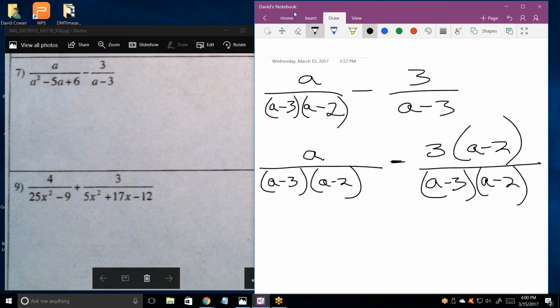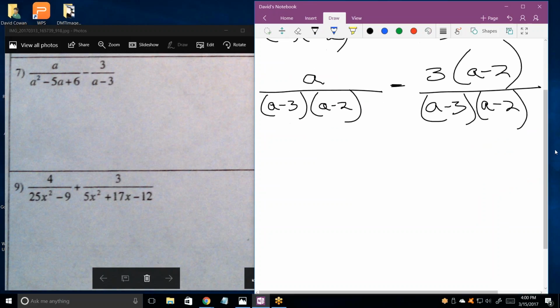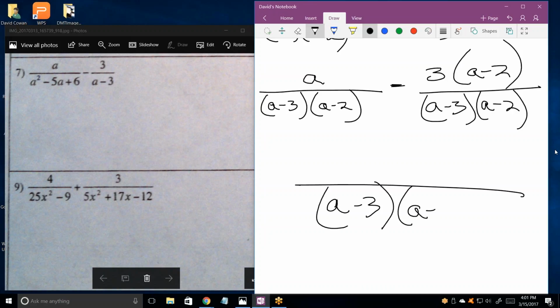Okay? Now, to simplify it, I know I have a common denominator that's a minus 3 times a minus 2. What does the numerator become? You have to distribute the 3.